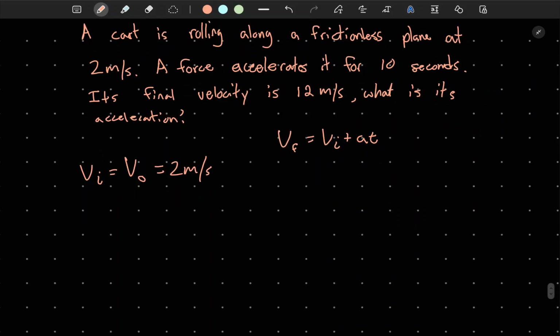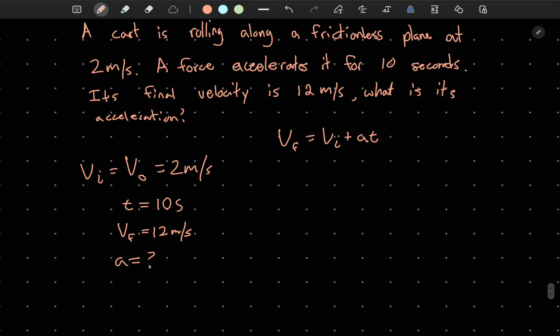From here, we know that the time was 10 seconds, and we know its final velocity is 12 meters per second. So if we fill this out, we actually know that the only variable missing was a, which means we can solve this kinematics equation. So we have 12 meters per second is equal to 2 meters per second plus at, and we know that t is 10 seconds, so we're going to replace that.